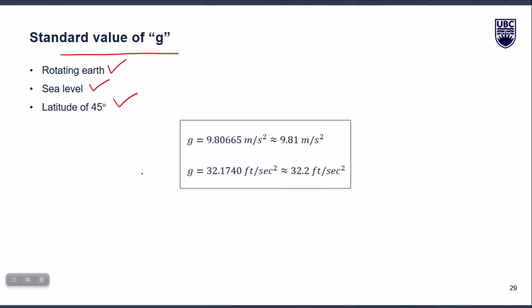All three of these result in this value of g for most practical applications, and therefore it is called the standard value of g in SI units. Similarly, this will be the value in US units. So please keep in mind that if you are not dealing with explicit determination of a particular effect, use the standard value of g.